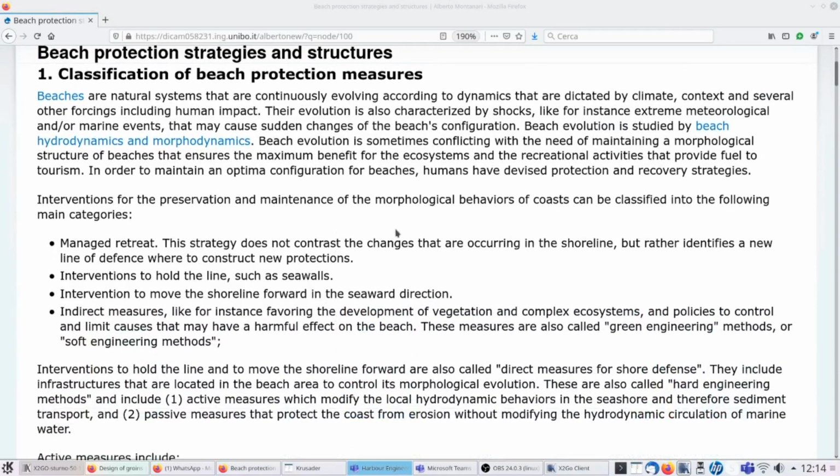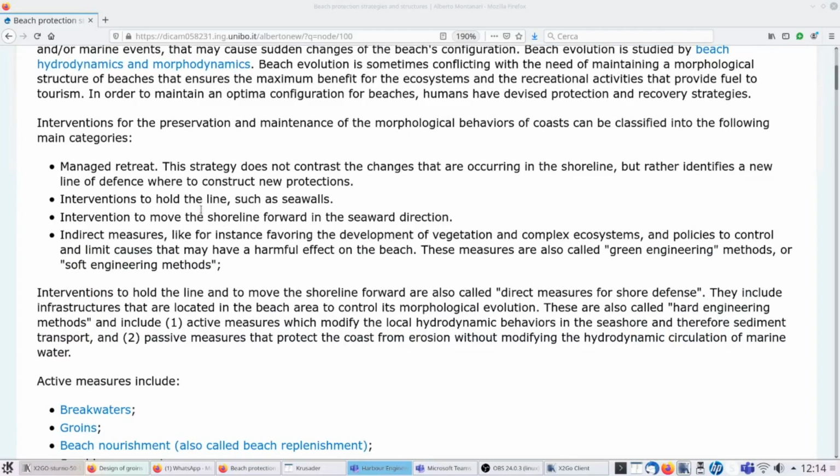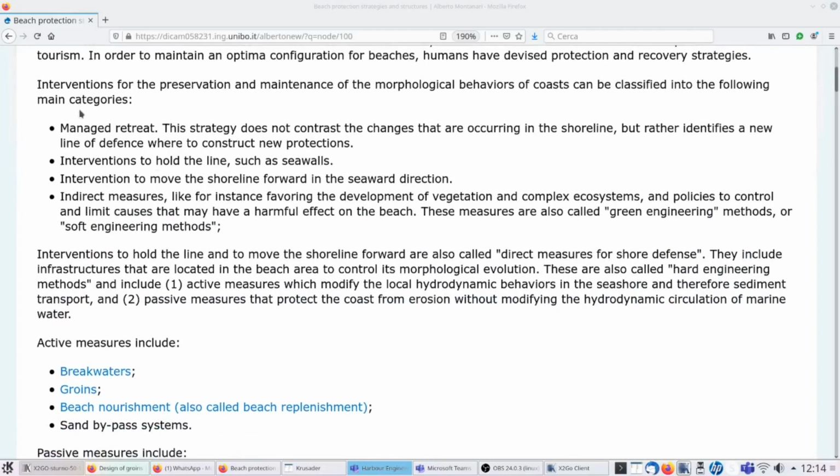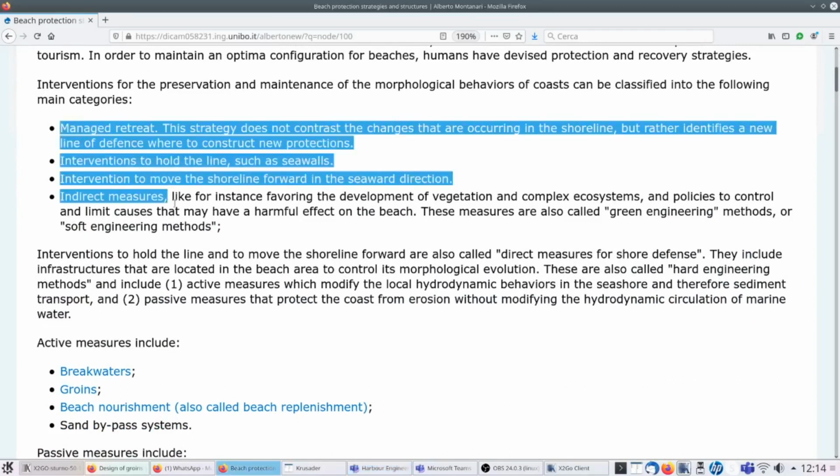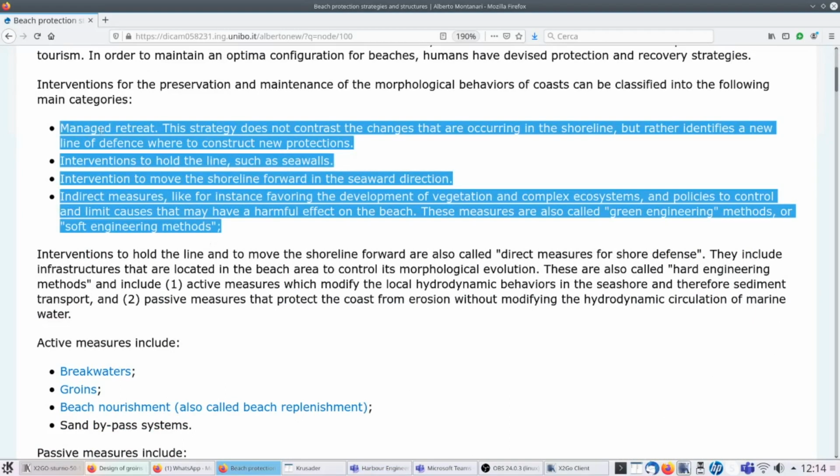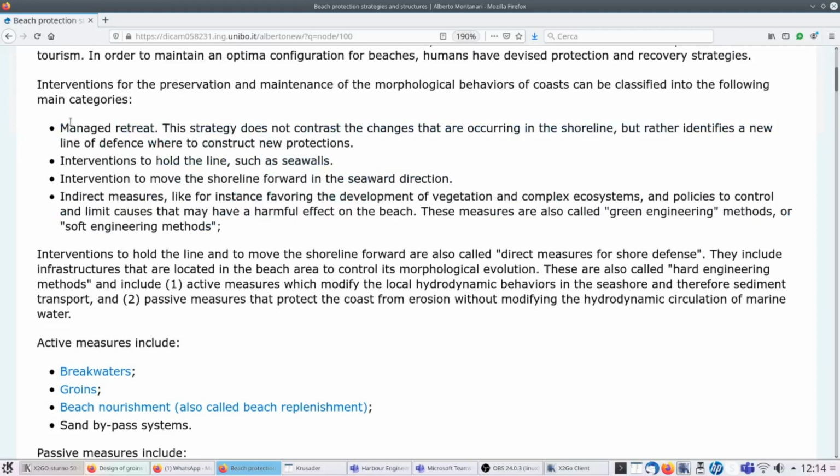First of all, we can identify 4 categories of interventions for the preservation and maintenance of beaches. And these 4 categories are, first of all, managed retreat. Basically, it doesn't contrast any change that is occurring in the shoreline, but rather managed retreat identifies a new line of defense.